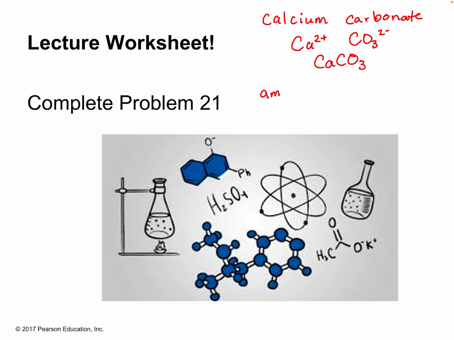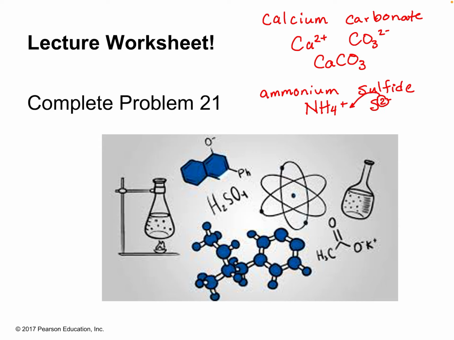Here's another one. Let's say we needed to do ammonium sulfide. And ammonium was that one polyatomic that I told you can appear in the front. You'll recognize it because it's not an element and you can't find it on the periodic table. That would be the easiest way, but also if you have it memorized, that would be super helpful. So we know ammonium is NH4+, and sulfide is S2-.